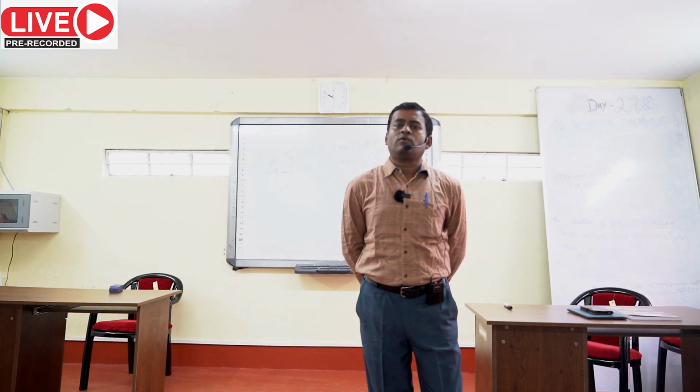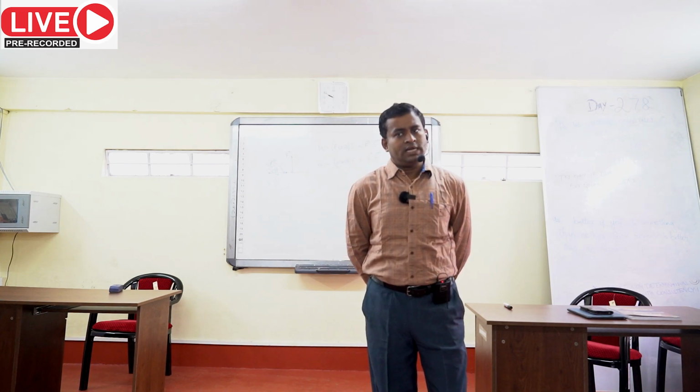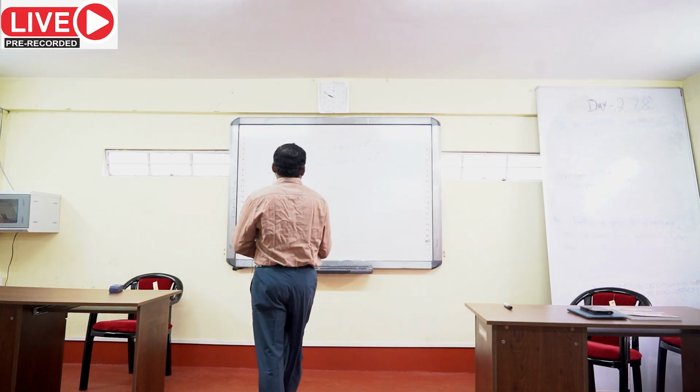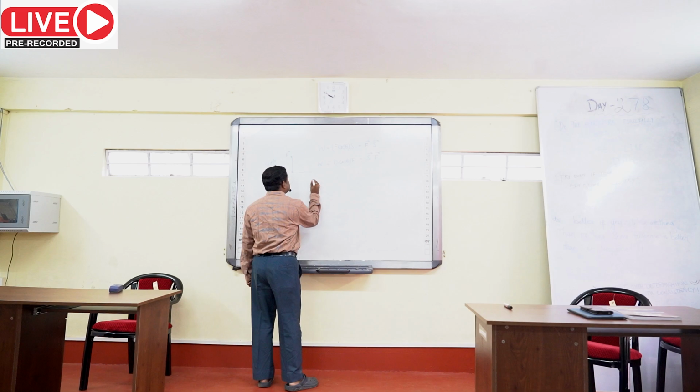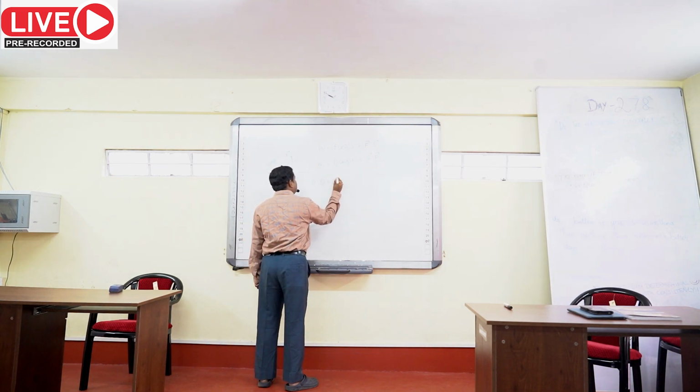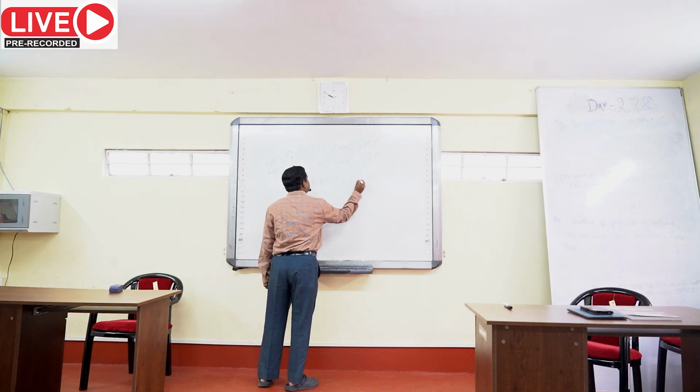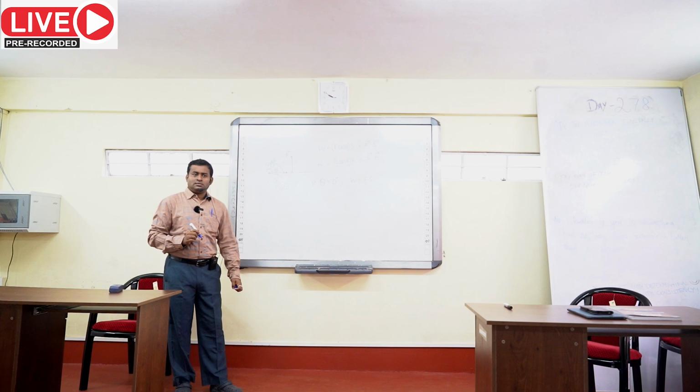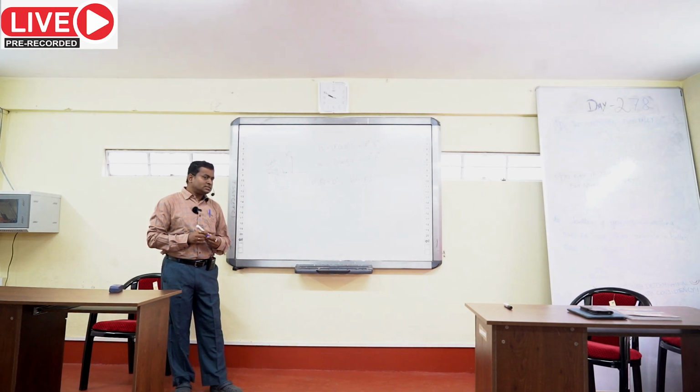What is the angle between force and displacement? 0 degree. In that case, theta equals 0 degree, which means you can write W equal to simply F into S, because cos 0 is 1.